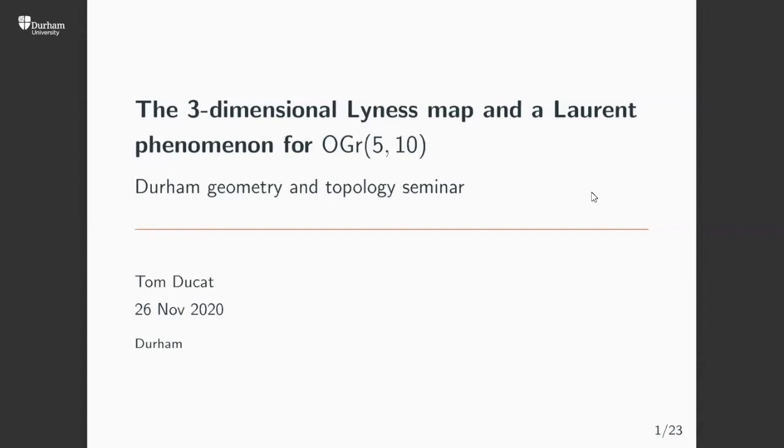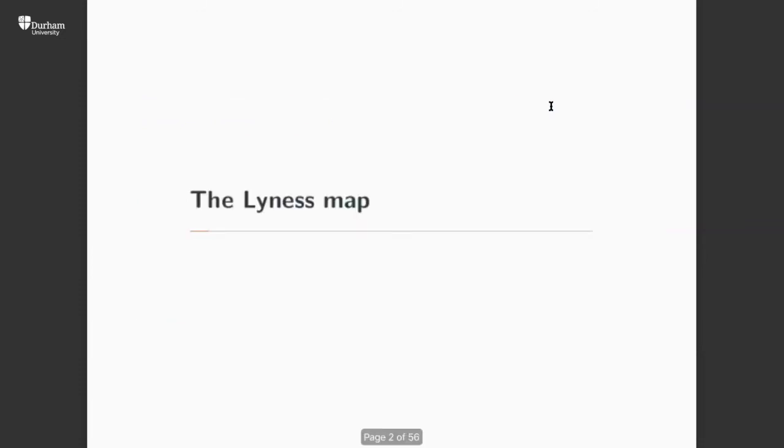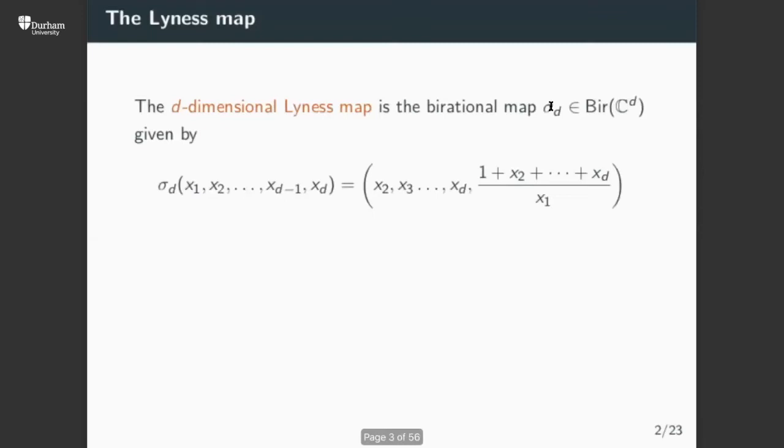So I'll try and explain what the orthogonal Grassmannian is and everything like that. So don't be put off by the words in the title, and hopefully this is just nice playing around with equations and geometry of algebraic varieties. So, here we go. Firstly, let me explain to you what the Lyness map is.